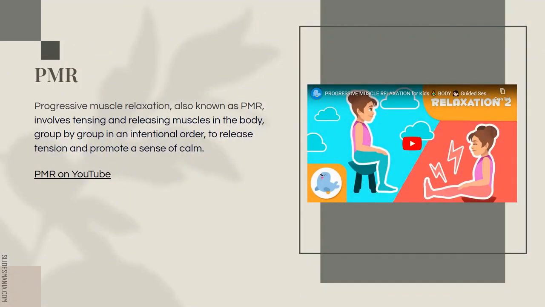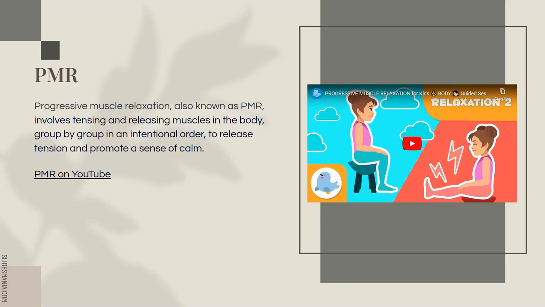Next, we're going to look at PMR, which is progressive muscle relaxation. It involves tensing and releasing muscles in the body group by group in an intentional order to release tension and promote a sense of calm.